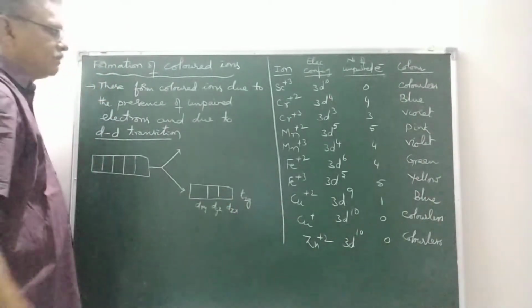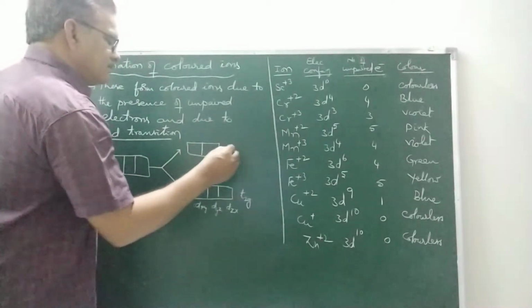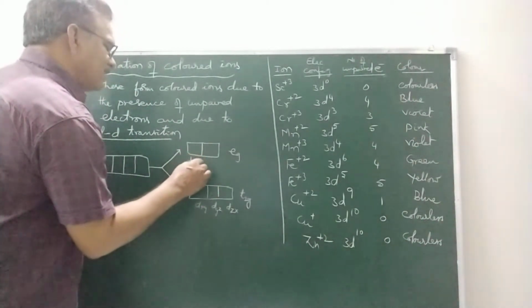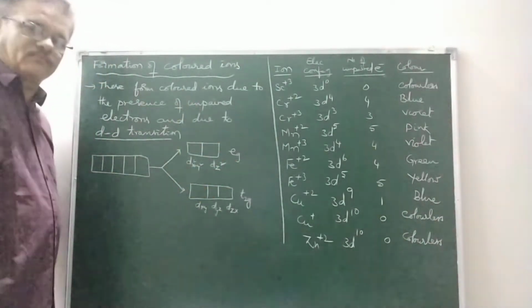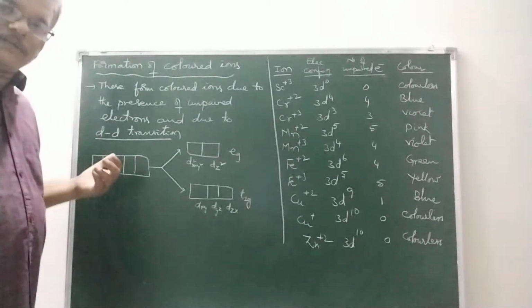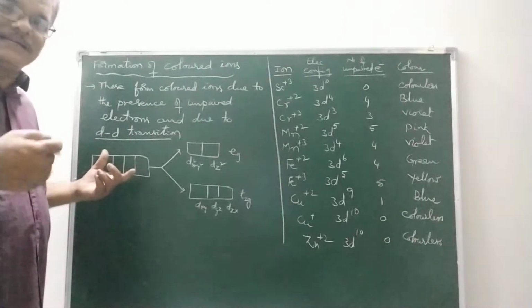Similarly, another set is EG orbitals. They are dx square minus y square and dz square. So in presence of ligands, these d orbitals lose their degeneracy.